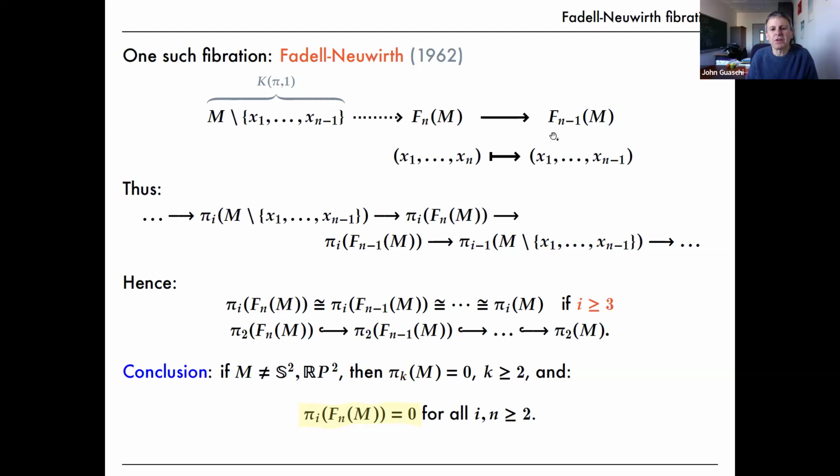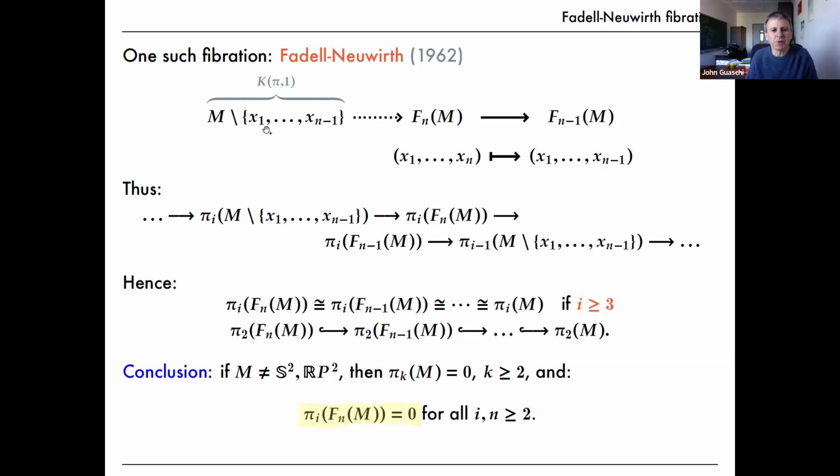We already mentioned this in passing, but on the level of braids. There's a natural map from the configuration space with n points onto that with n-1 points, where all you do is forget the last coordinate. So Fadell and Neuwirth proved that this is a locally trivial fibration, and the fiber can be identified with M minus points.